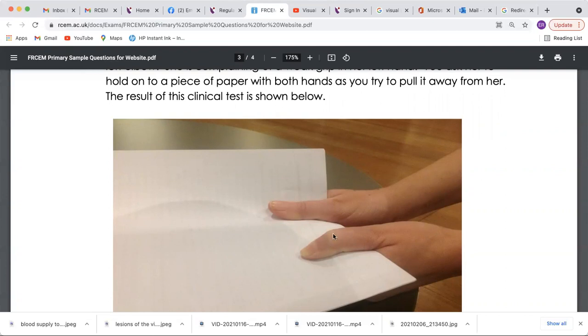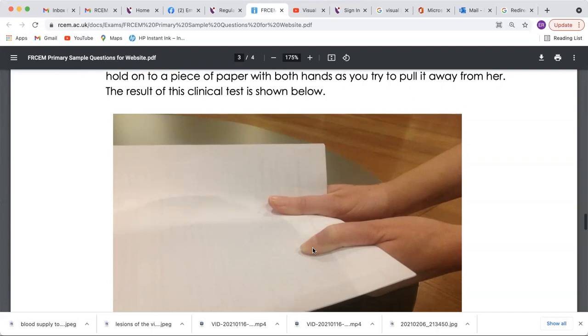On the left hand, we can say there is a little bit of weakness, probably between her thumb and the index finger. That's why she's trying to stop it by putting pressure on the distal phalanx of the thumb, pressing it down and resisting it being pulled away.